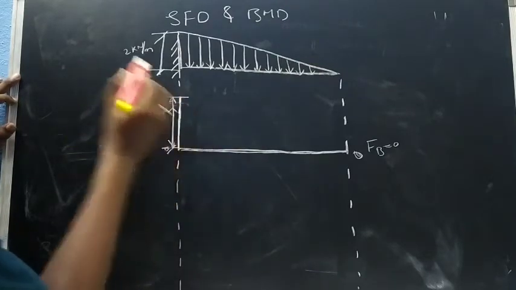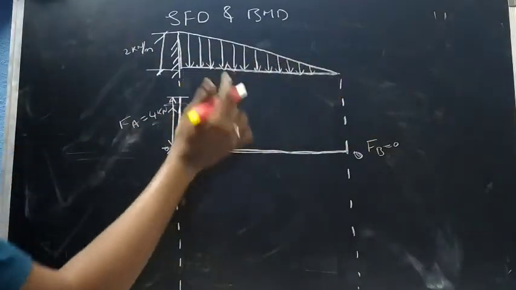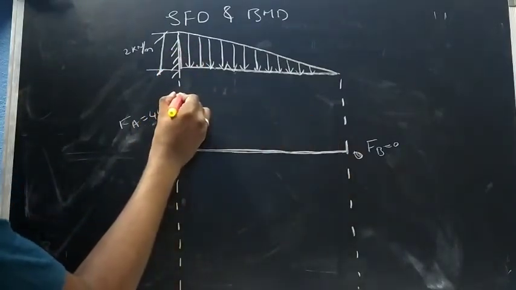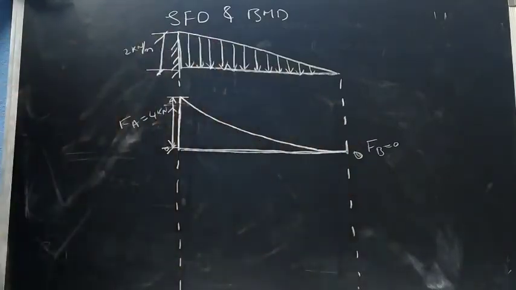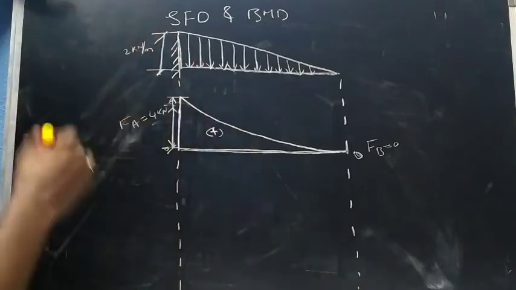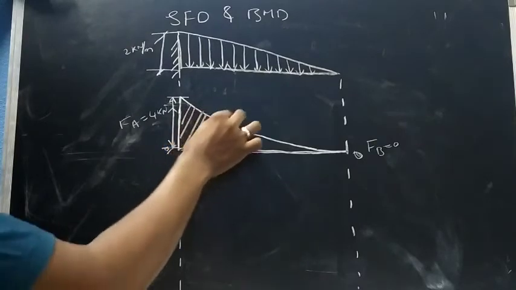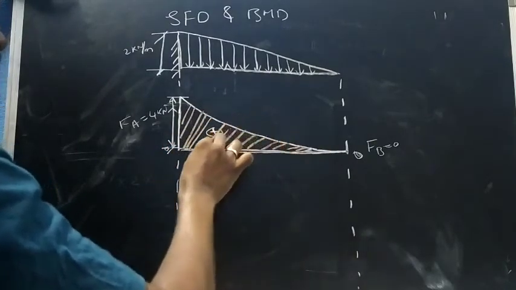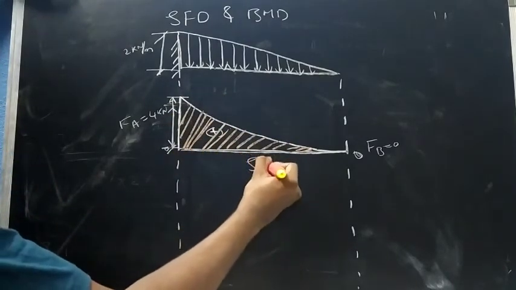From here there is a gradual decrease in the shear force, and it should not go in a rectangular shape, it should go in an inverse parabolic shape. So this will be positive. We can shade this part to represent shear force. So now this is your shear force diagram.